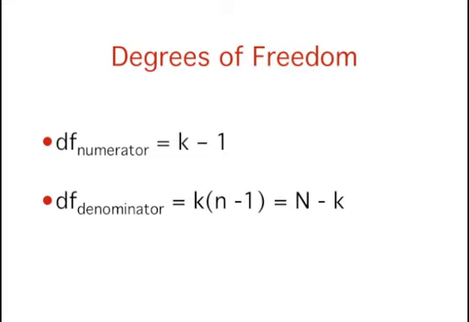Since the MSB is the variance of k means, it has k minus 1 degrees of freedom. The MSE is an average of k variances each with n-1 degrees of freedom. Therefore, the degrees of freedom for MSE is k times lowercase n-1, which equals capital N minus k, where capital N is the total number of scores, lowercase n is the number in each group, and k is the number of groups.